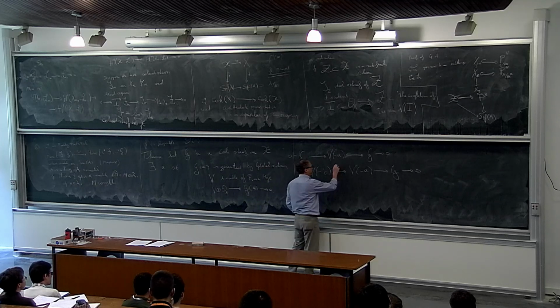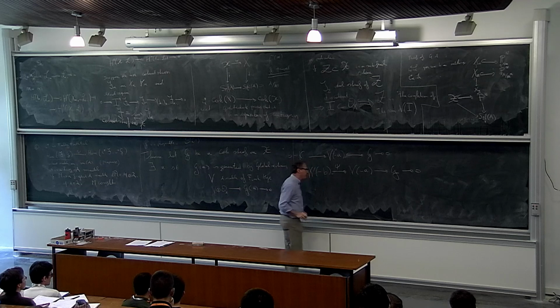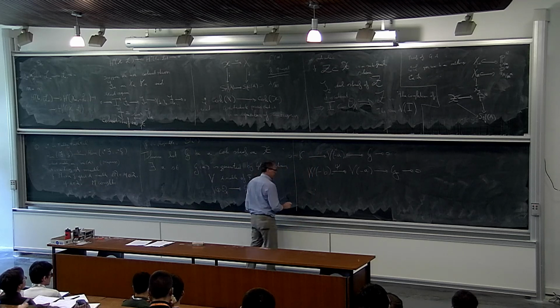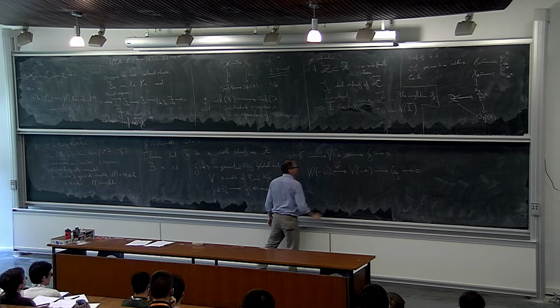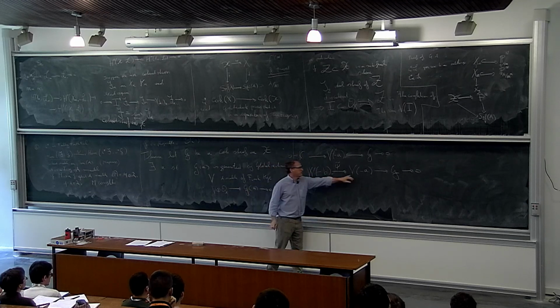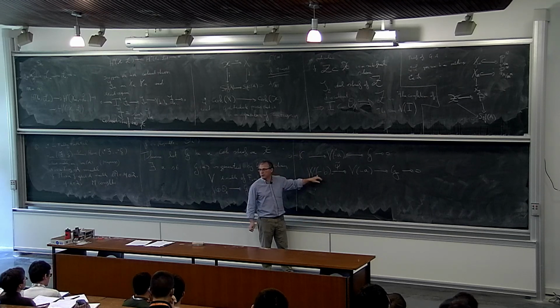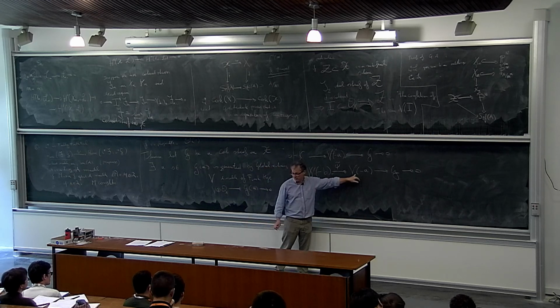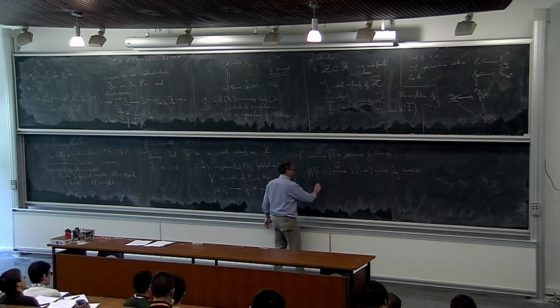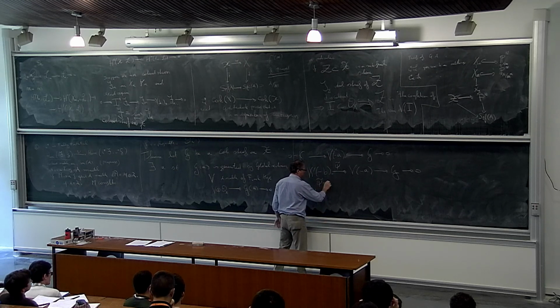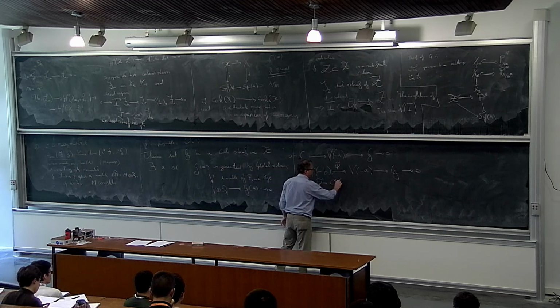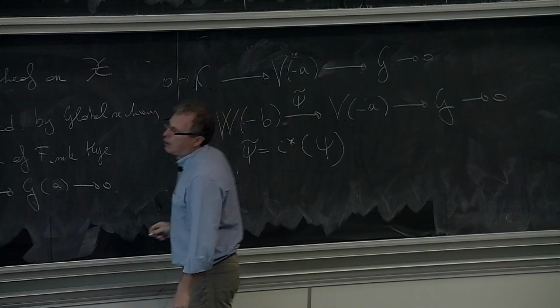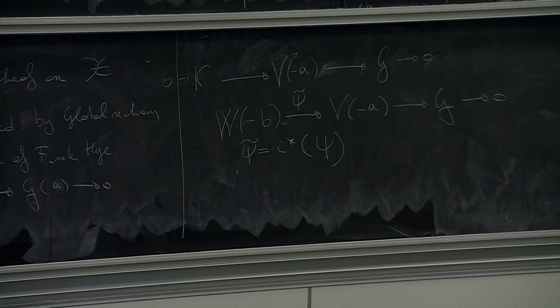So I have a map here, which I will call psi tilde, but this is a map of two objects which come from X. This is a coherent sheaf on X, and this is a coherent sheaf on X. So psi tilde is I up a star of some psi because of this.